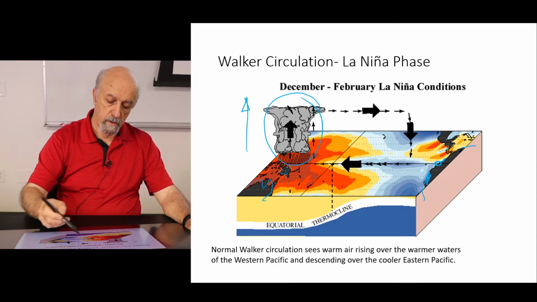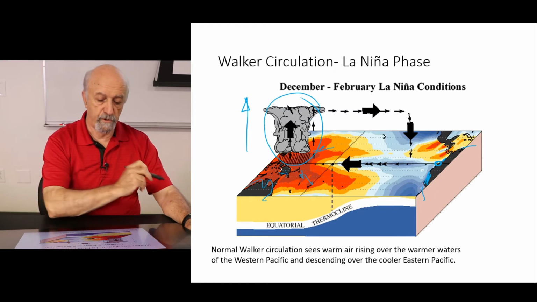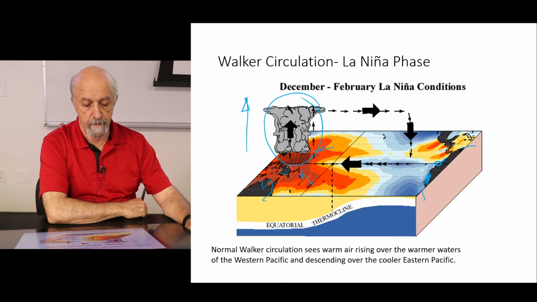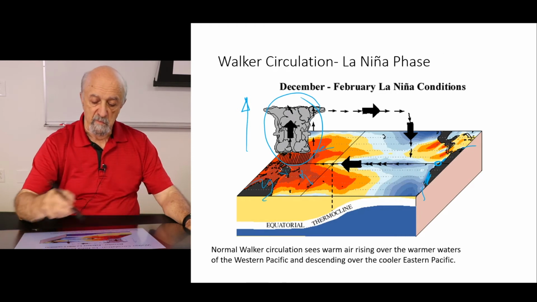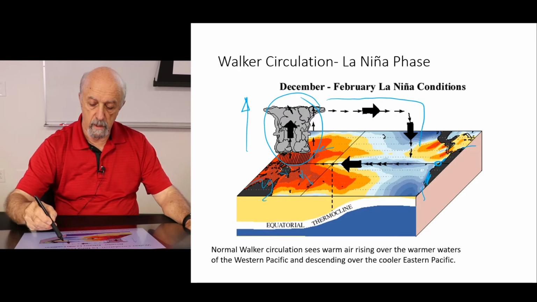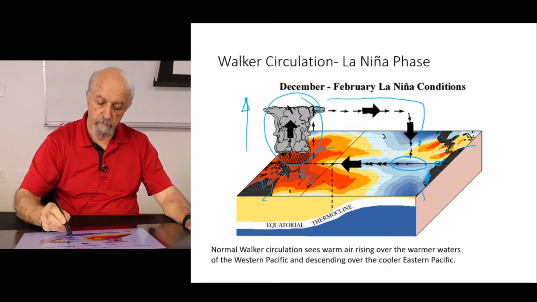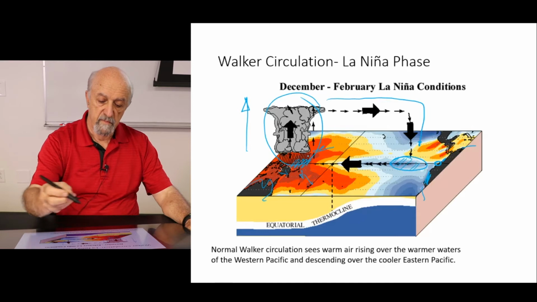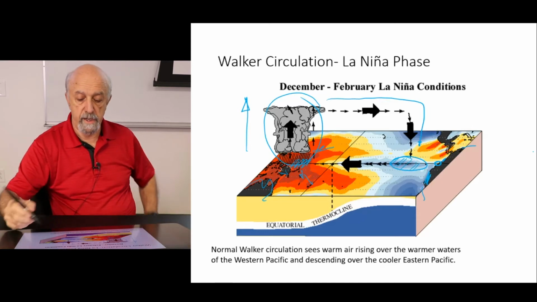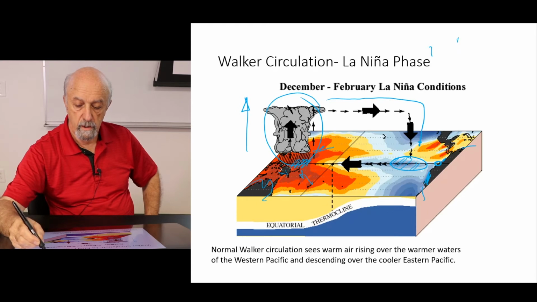Low pressure, air goes in that way and rises, and we do have precipitation there. So when that happens, we see here a high pressure area, low temperature in the water here, high temperature in the water here. This is the typical Niña phase. I can actually say normal.